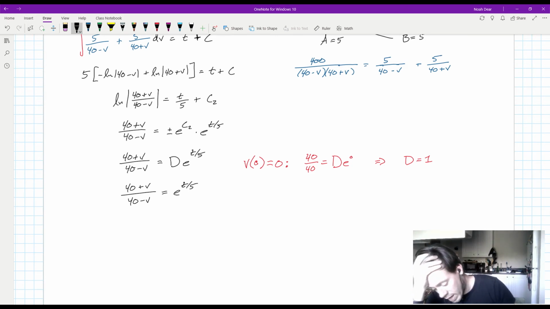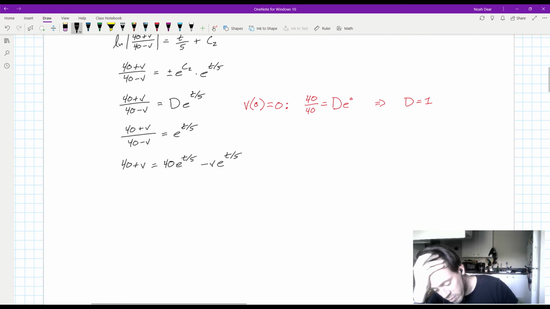And we can go ahead and multiply the 40 minus v to the right. Then we're going to move the v's to the left and the constant 40 to the right. So I have v plus v e to the t over 5 equals 40 e to the t over 5 minus 40.